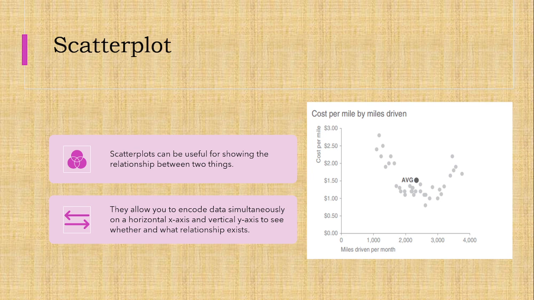And then when we get higher than that, 300 miles, the cost per mile goes higher again. So this is what I'm able to interpret from this kind of data, or this type of relationship. That was just an example.